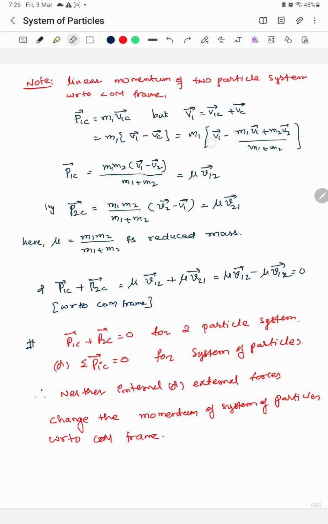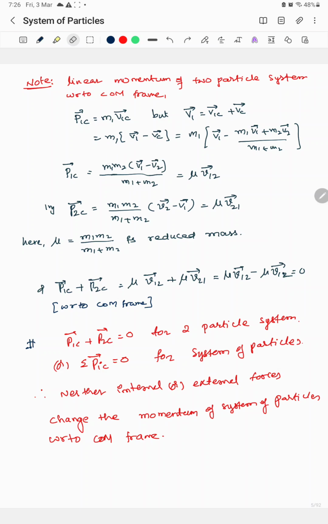Here m1 v1 bar plus m2 v2 bar minus m1 v1 bar, and m1 v1 bar minus m1 v1 bar cancel, right? So m2 v1 bar minus m2 v2 bar. After multiplying with this, you will be getting m1 m2 into v1 bar minus v2 bar by m1 plus m2.